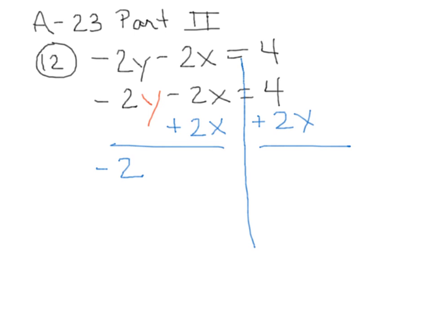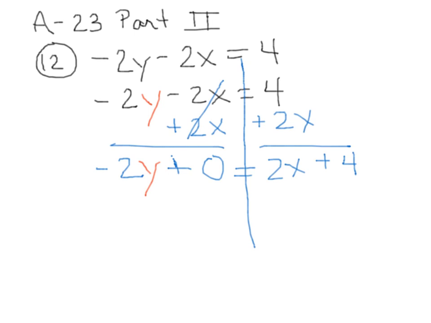And let's go ahead and get the red pen so we can keep our y always red. And then blue. There we go. And then this is going to give us, those cancel. I get plus 0 is equal to 2x plus 4.